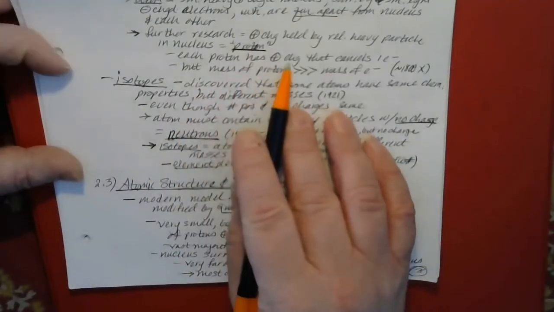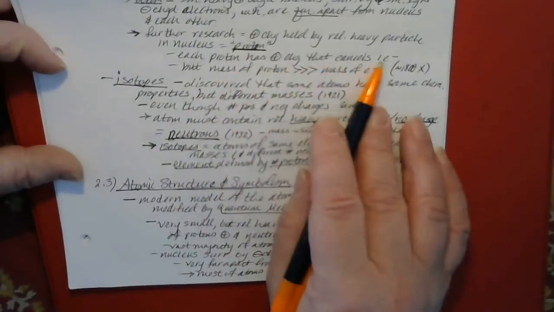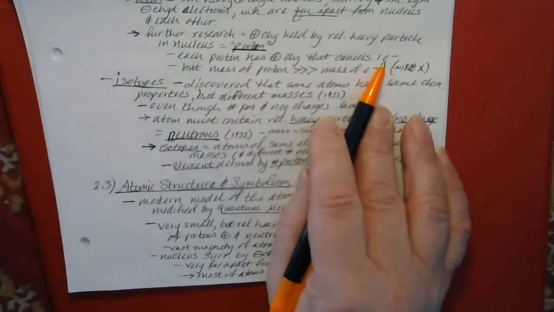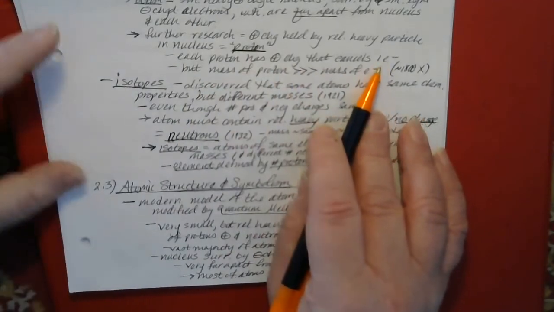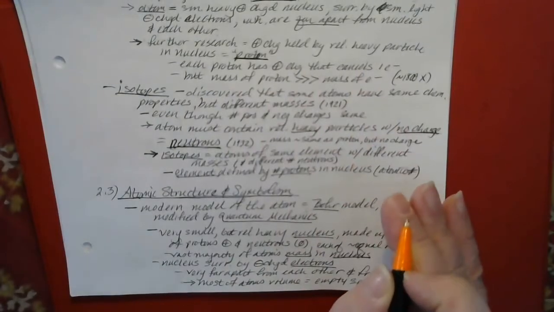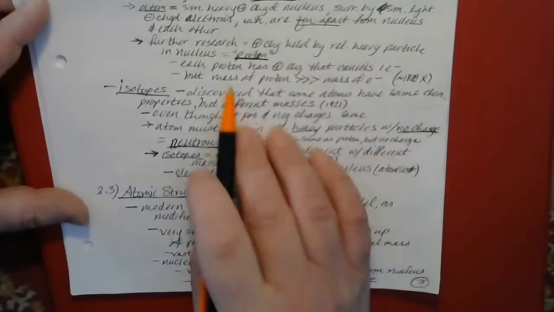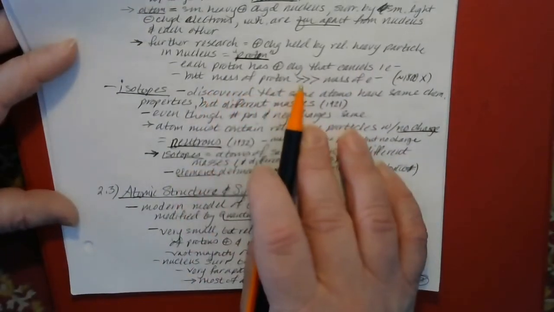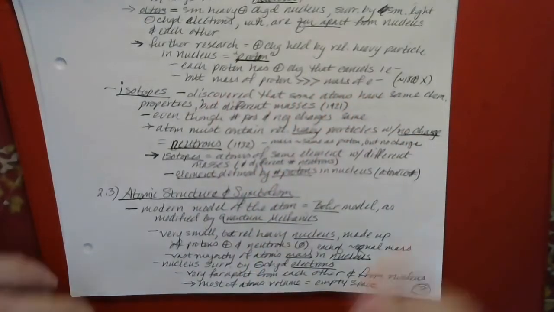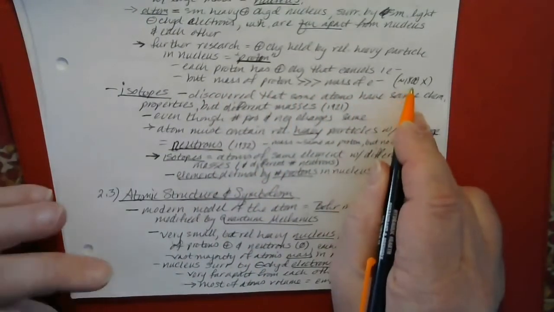Each proton has a positive charge that cancels out one electron. So it's the same charge as on an electron, only it's positive instead of negative. So if you have the same number of protons and electrons in an atom, there will be no charge overall. But the mass of a proton is much, much greater than the mass of an electron. About 1,800 times greater, in fact.